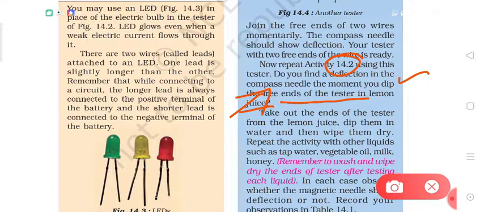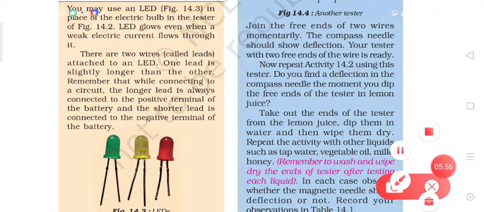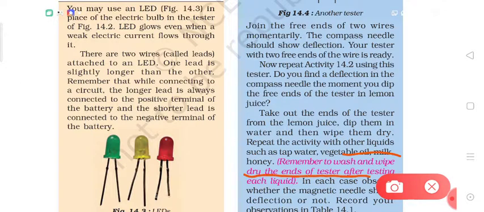In the same way, we will repeat this activity with many liquids like tap water, vegetable oil, milk and honey. We have to test the conductivity of tap water, vegetable oil, milk and honey. But one very important thing to remember is to wash and wipe dry the ends of the tester after testing each liquid.